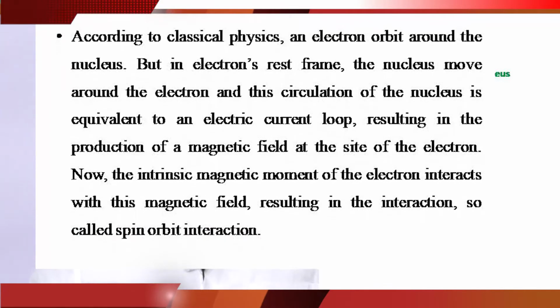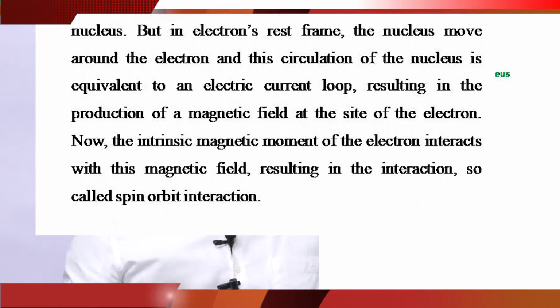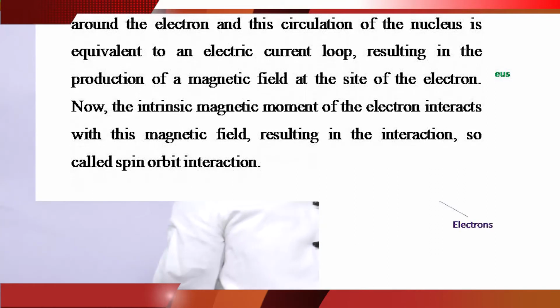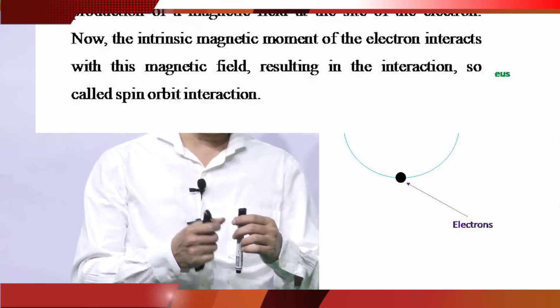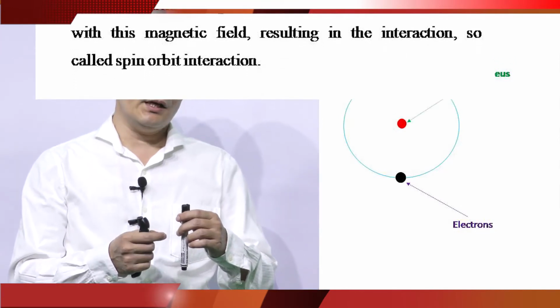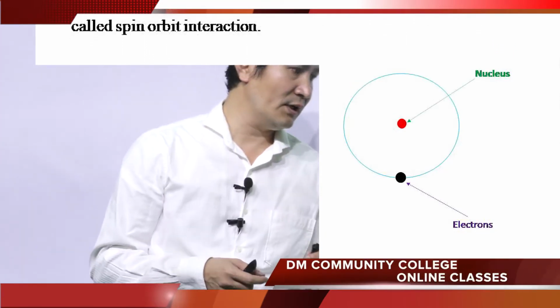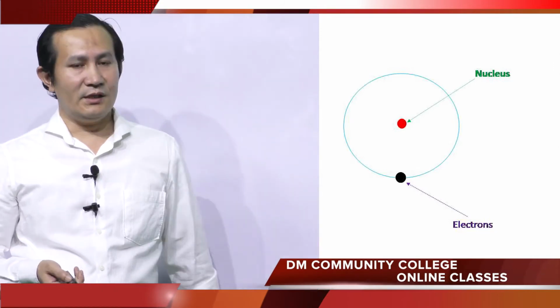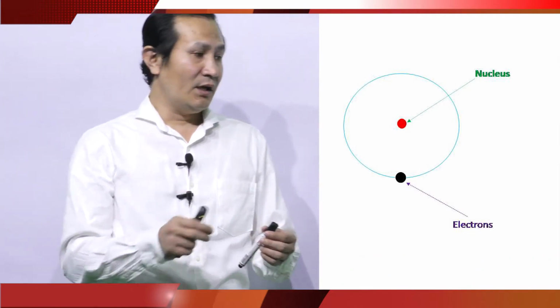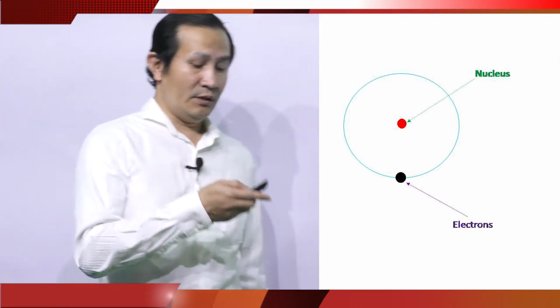So what is spin-orbit interaction? Spin-orbit interaction is the interaction of the spin magnetic moment of the electron with the magnetic field that is experienced by the electron in its own rest frame. Or you may also say that it is the interaction between the spin angular momentum and the orbital angular momentum of the electron.